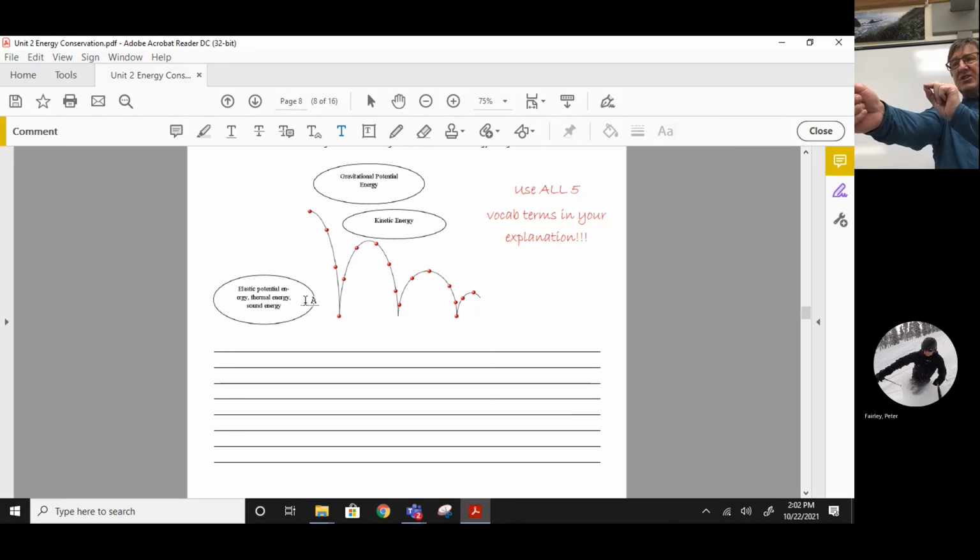That rubber band has the potential to go flying. Another example of elastic potential energy would be like a spring that we compress. It's got energy and it's waiting to bounce back. That's another type of potential energy. Most of the time when we use that phrase potential, though, we mean gravitational potential energy.